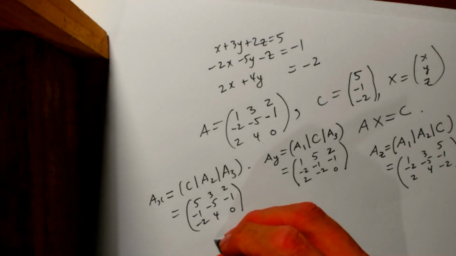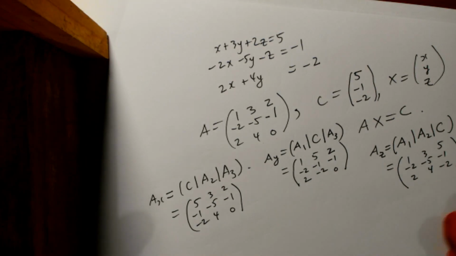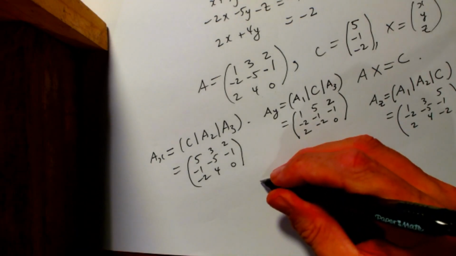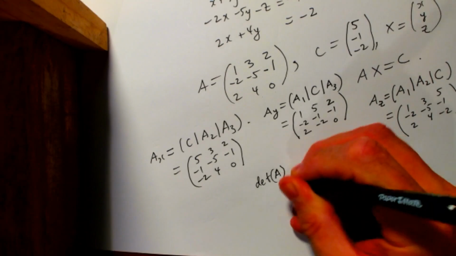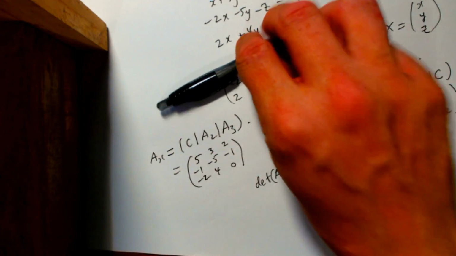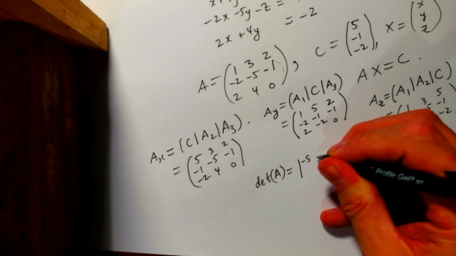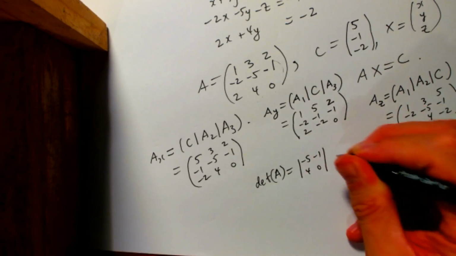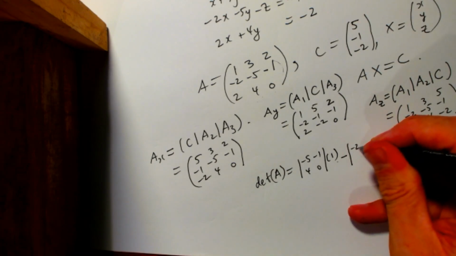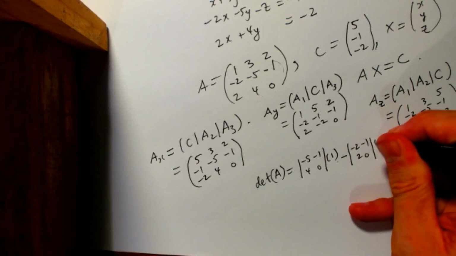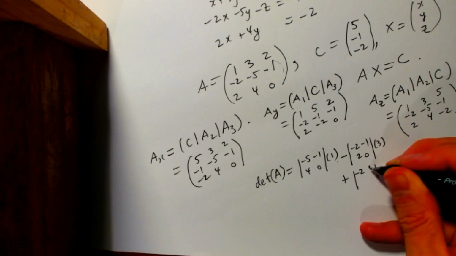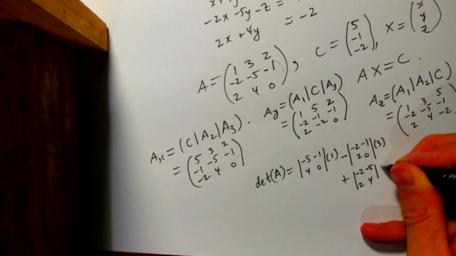So the determinant of A equals, remember, 1 times this determinant right here, obtained by crossing out the column and the row that 1 is in, so minus 5, minus 1, 4, 0, multiplied by 1, and then we subtract the determinant minus 2, minus 1, 2, 0, multiplied by 3, and then we add the determinant minus 2, minus 5, 2, 4, multiplied by 2.